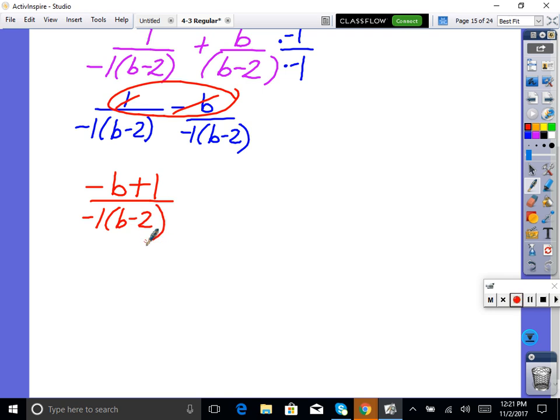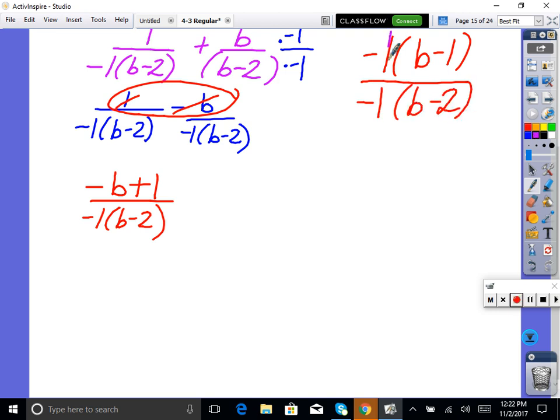Now our last step is to factor the top, factor the bottom, and simplify. The top, what would we factor out? Pull out a negative 1, then left is b minus 1, isn't it? And then on bottom we have negative 1, b minus 2. So what divides out? The negative 1s. So our final answer is b minus 1 over b minus 2.